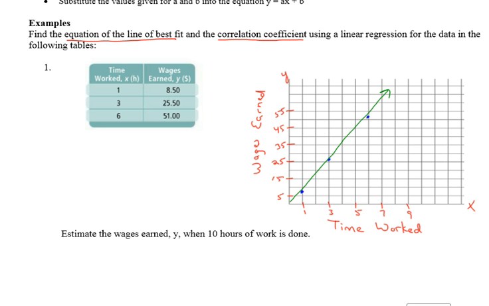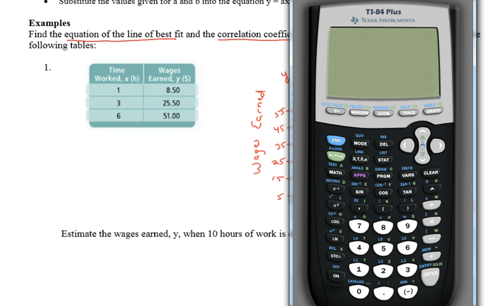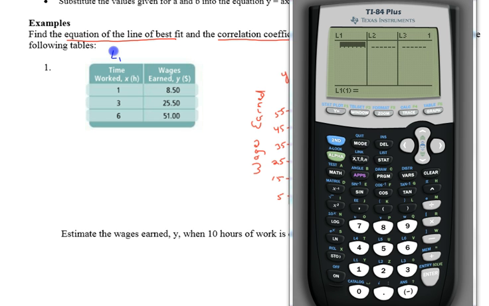So in order to find the equation of the line of best fit in our calculators, we're going to open up the calculator and hit the stat button. Now what we need to do is enter the data from the table into the calculator. So I'm going to select edit, and I'm going to enter into L1 the time and into L2 the wages earned.